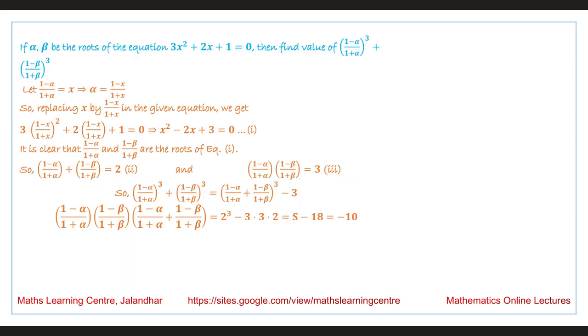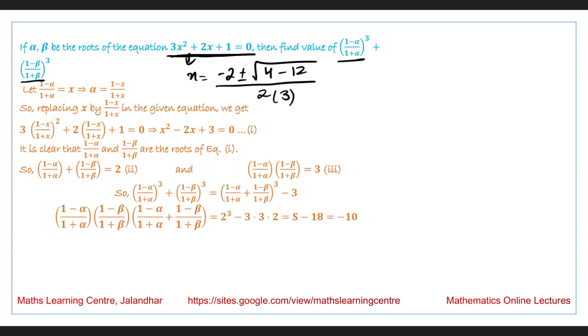Now the next one is, if alpha and beta are the roots of this equation, then we have to find the value of this term. So one method is that you calculate the roots over here. You calculate x is equal to minus b plus minus square root of b square minus 4ac over 2a. So that will be 12 over 2 into 3.